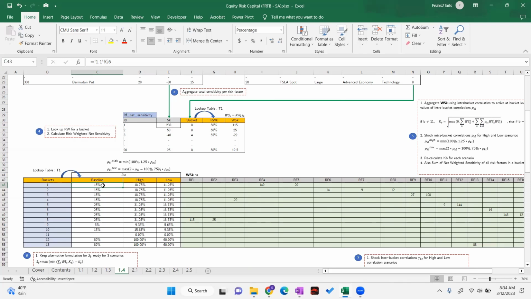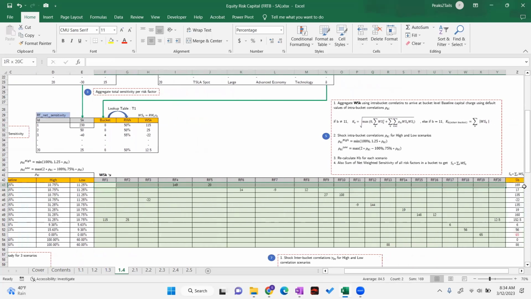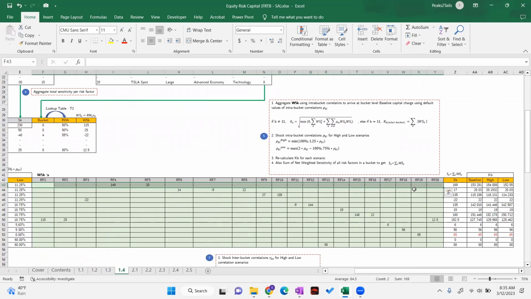Off-diagonal elements will all be 15% everywhere. If this vector is the W vector, then W transpose times the correlation matrix times W gives you the portfolio level, one single number. That is the bucket level capital charge.